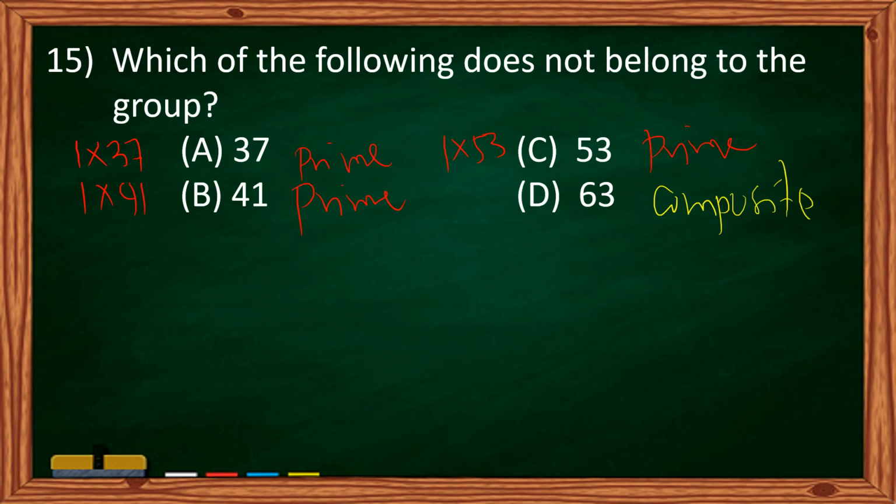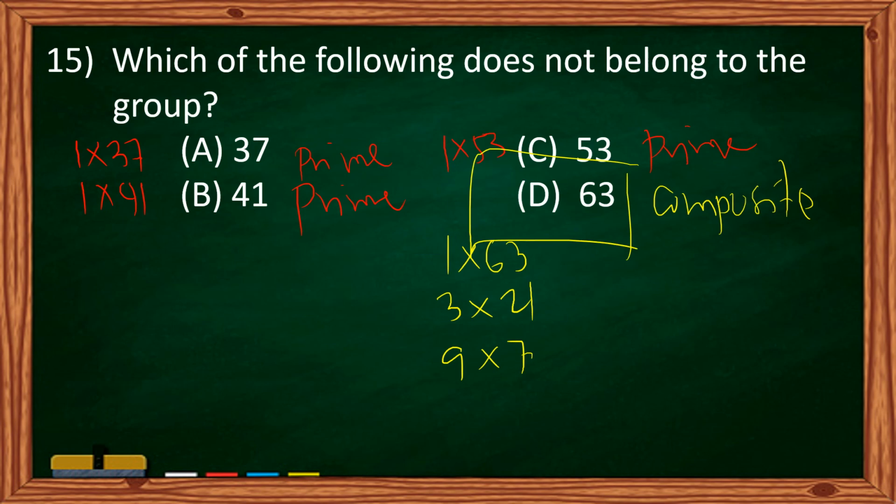Composite number. Because 63 has several factors like 1 and 63, 3 and 21. Ano pa ba? So you are given 9 and 7. So yun yun. Okay? So therefore, 63 is the answer. Or 63 does not belong to the group. All the numbers are prime numbers except 63.